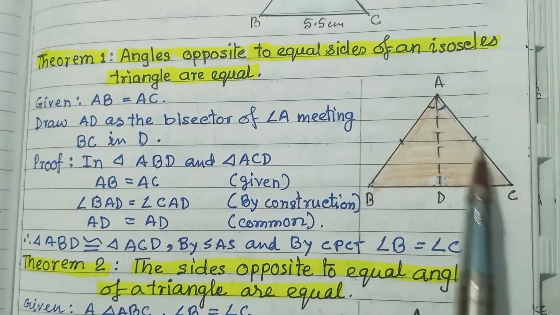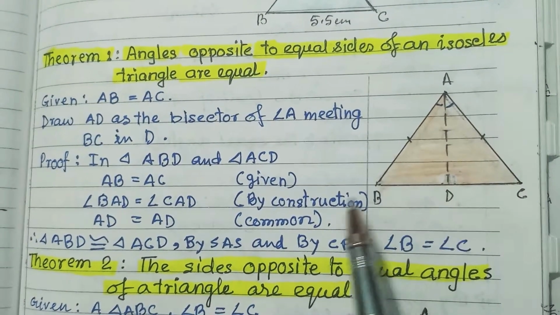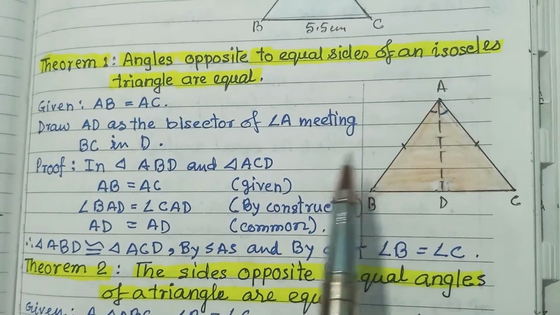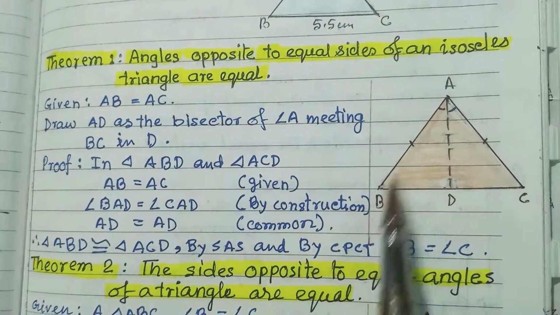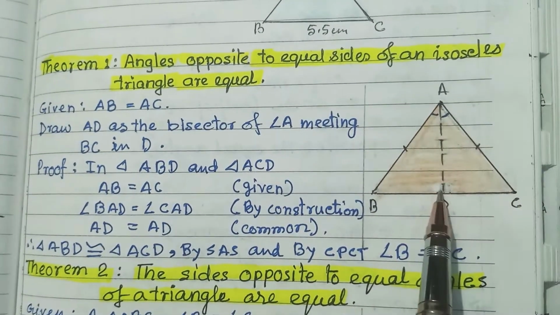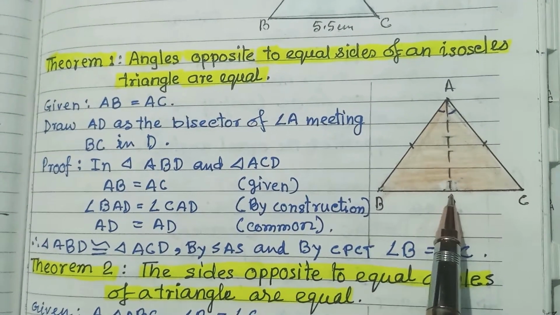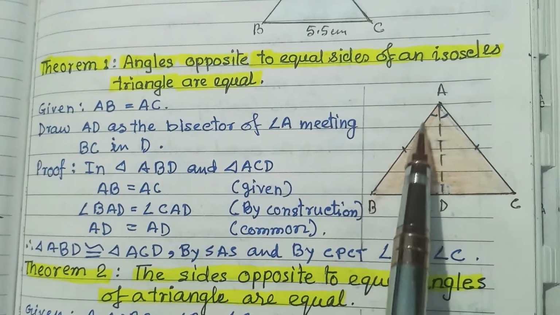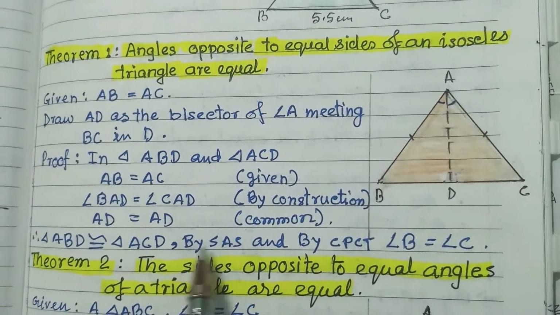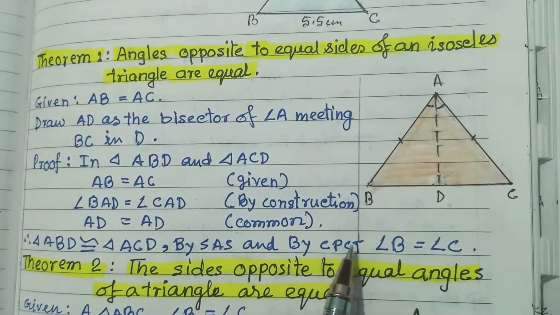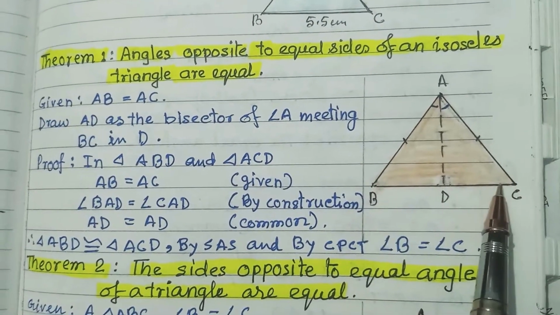Angle BAD is equal to CAD, by construction, and AD is the common side. Therefore, by the side, angle, side congruency rule, these two triangles are congruent. Therefore, by CPCT, angle B is equal to angle C.